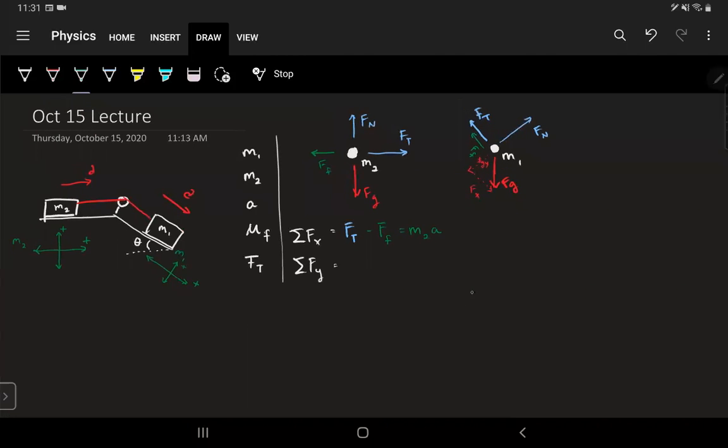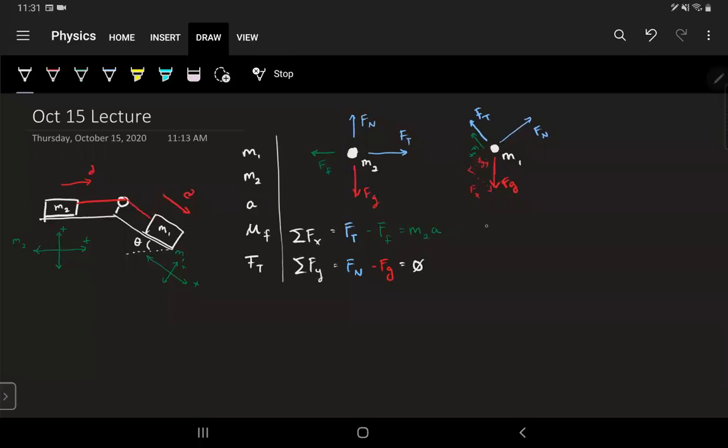Now, in y, Fn minus Fg equals 0. Why is it 0? Because the block is not moving up or down. It has no upwards or downwards component of motion.